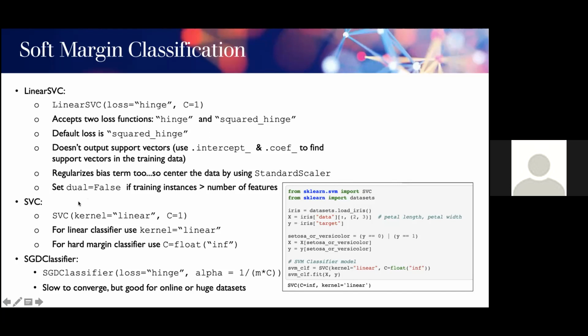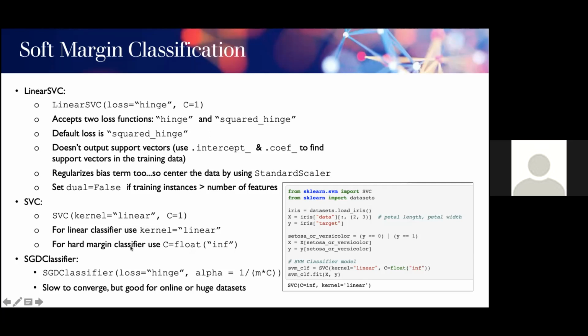And then the next estimator for support vector machines is SVC. We will get into the implementation, but we do need to specify kernel as linear to perform linear support vector machines, and then C being the hyperparameter. One interesting thing that the author has used in his code is he set C to be float infinity, which means that the penalty of making a margin violation is a really, really huge number.